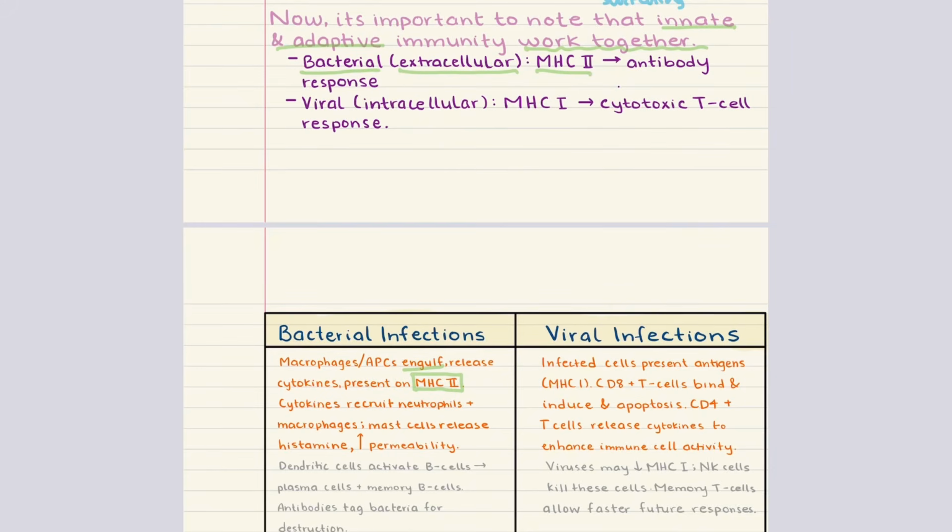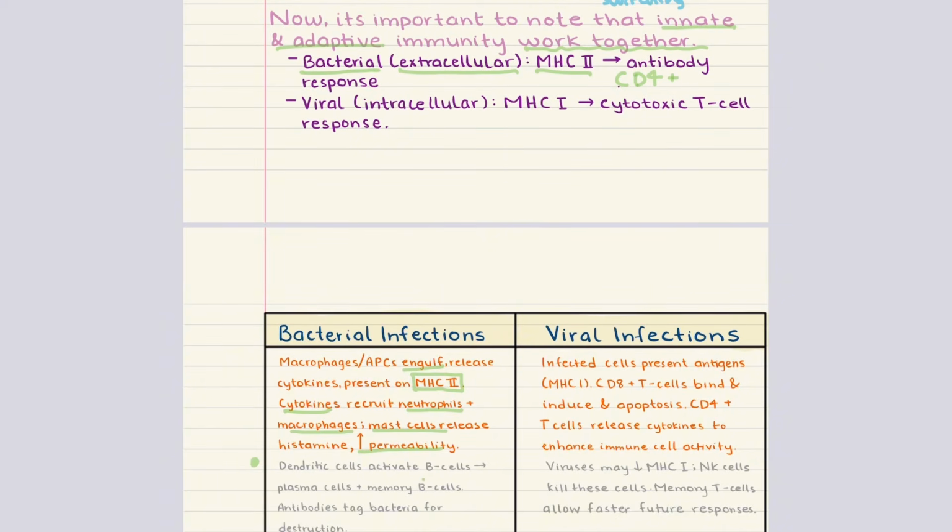This is going to activate CD4 plus helper T cells, which release signals to recruit additional immune cells. Those signals are cytokines, and cytokines attract neutrophils and more macrophages to the site, and mast cells release histamine to increase blood vessel permeability. That is because it will allow immune cells to enter infected tissues more easily.